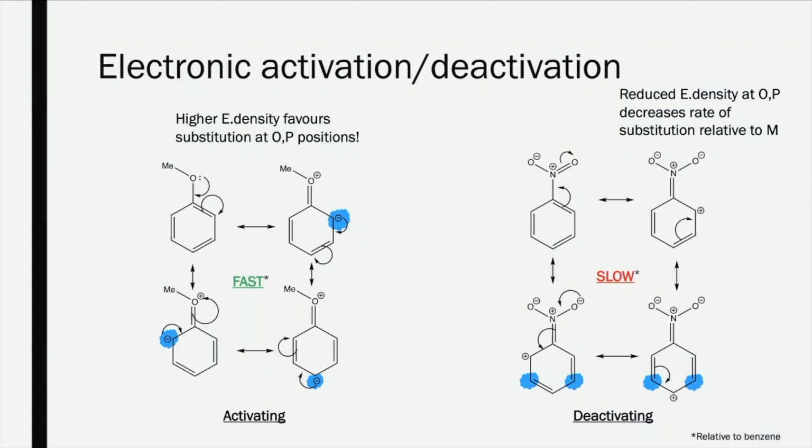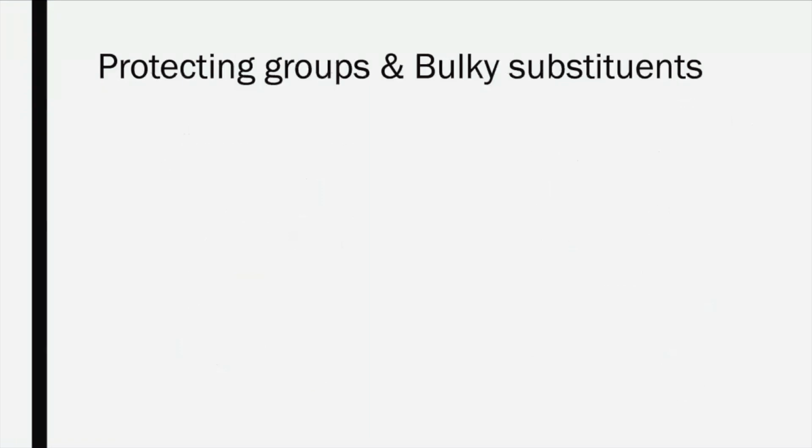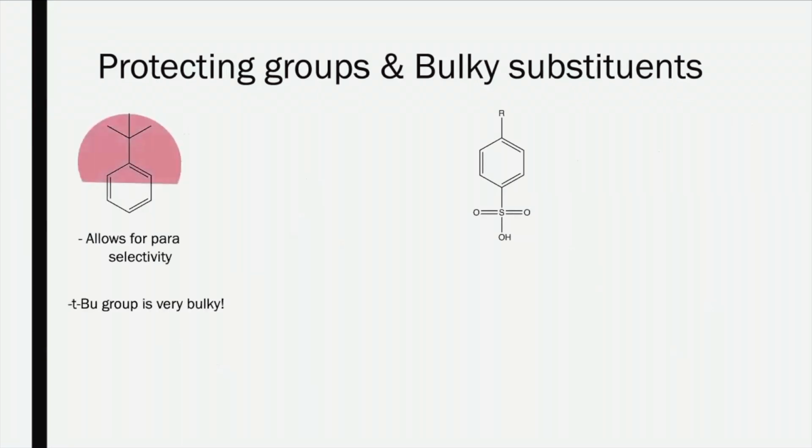If an aromatic system contains a mixture of activating and deactivating groups, then substitution can be difficult and produce a mixture of regioisomers. Another method to attain higher regioselectivity would be to use protecting groups or sterically bulky groups. Protecting groups have to be installed onto the positions where substitution is not desired, where they block incoming electrophiles.